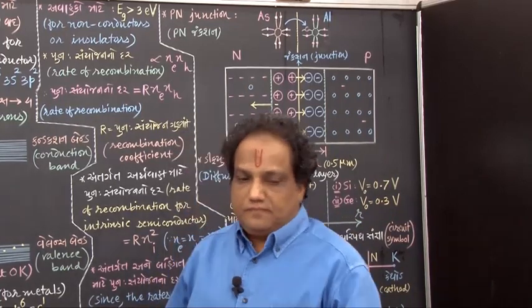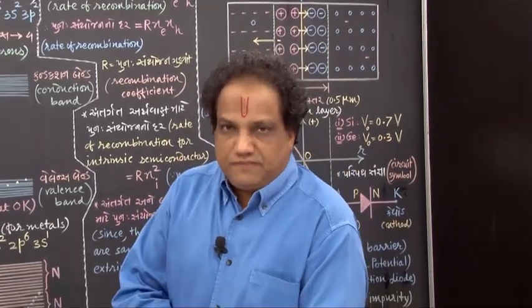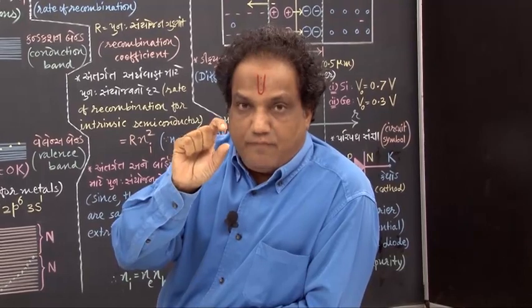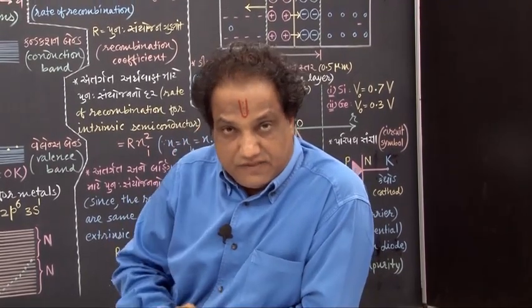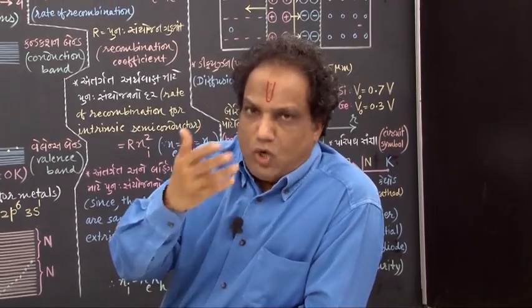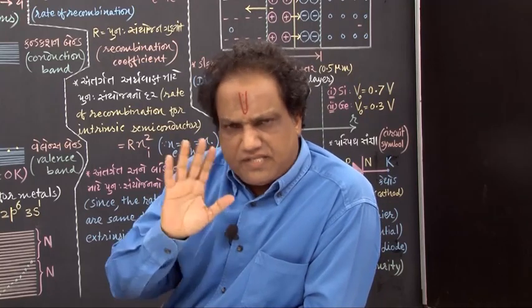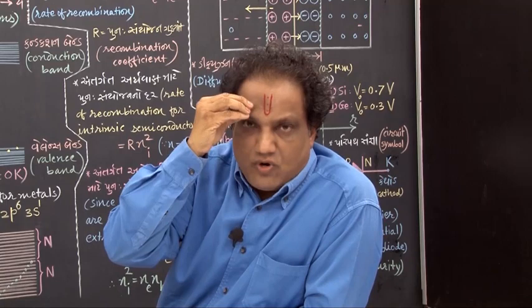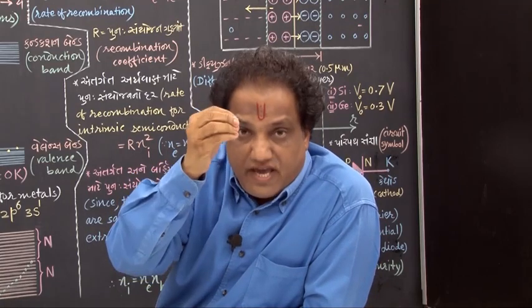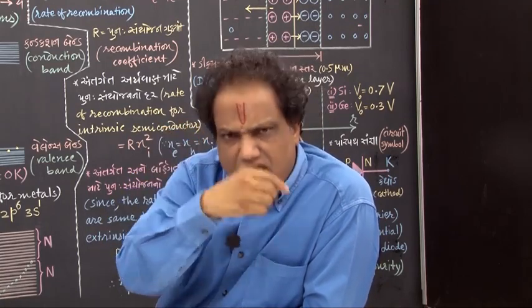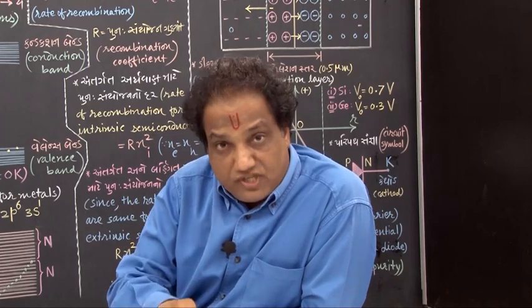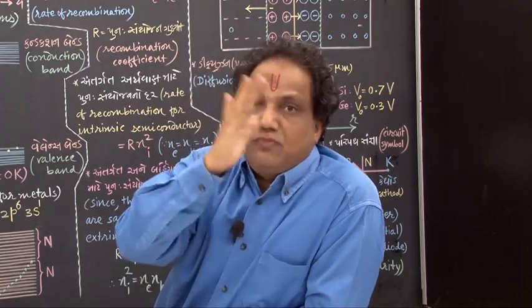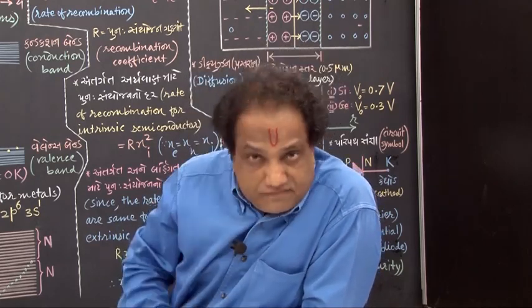Listen, at room temperature, in the pure semiconductor, might be doped semiconductor, but in any semiconductor at room temperature, what happens? Whether you are talking about intrinsic semiconductor or extrinsic semiconductor, in every semiconductor at room temperature, some of the covalent bonds are getting broken.